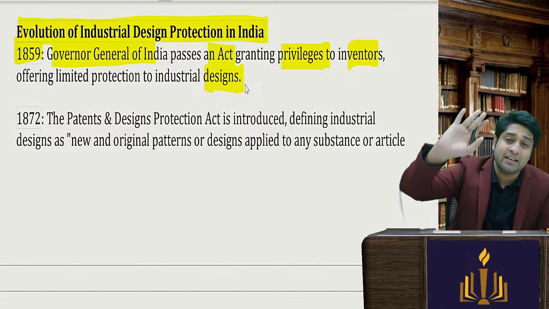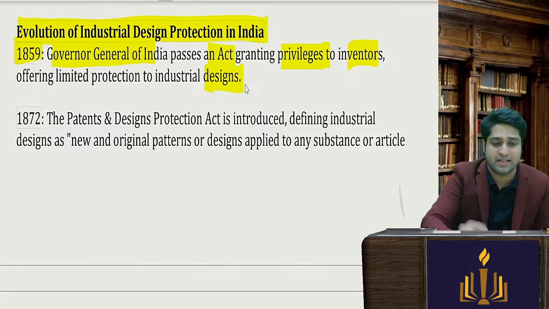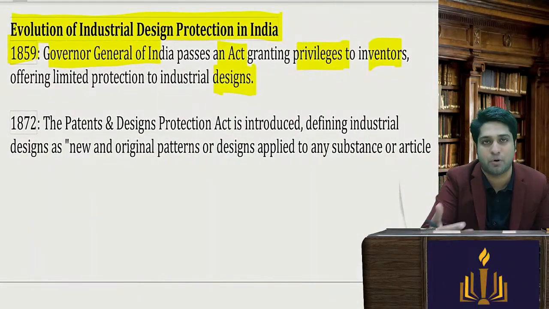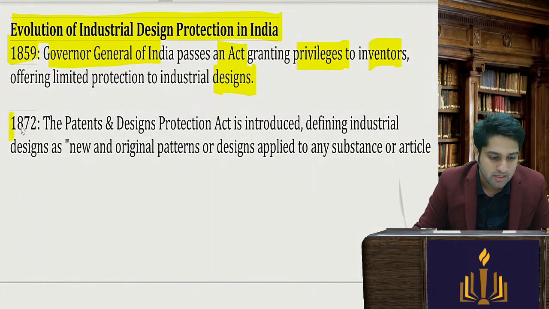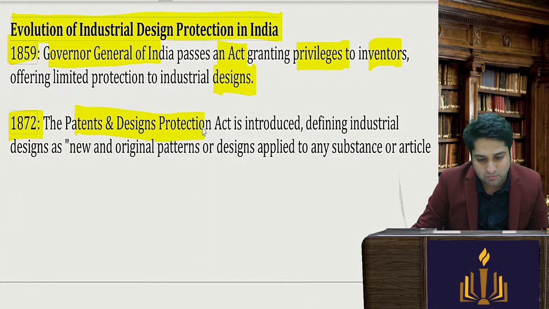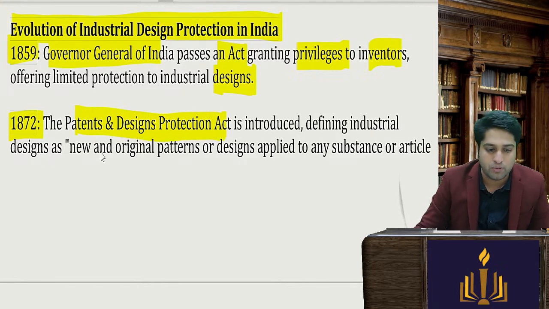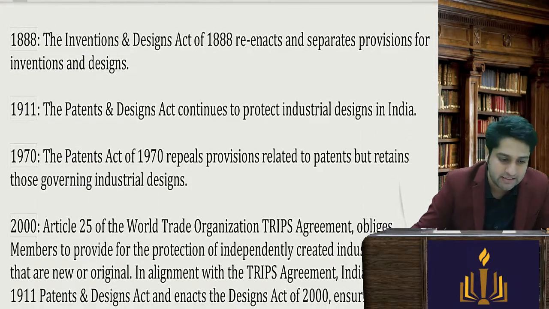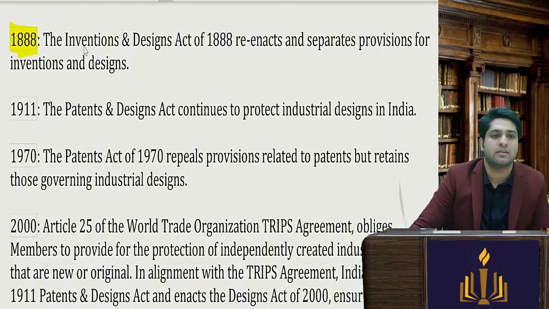So in 1859, the work of designers was recognized and protection was given. In 1872, the Patent and Designs Act was introduced, which again was an advancement over the earlier law. Then came 1888, the Inventions and Designs Act 1888.